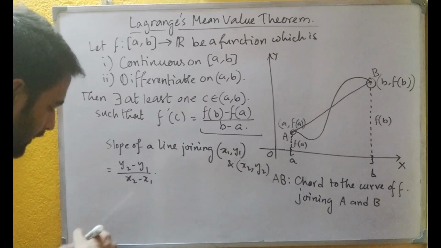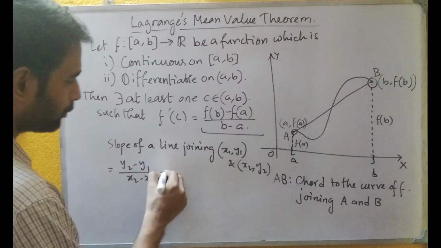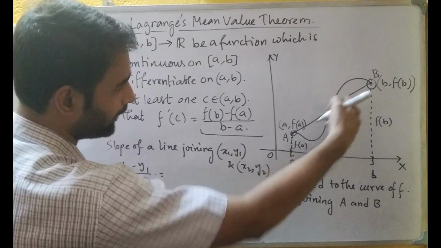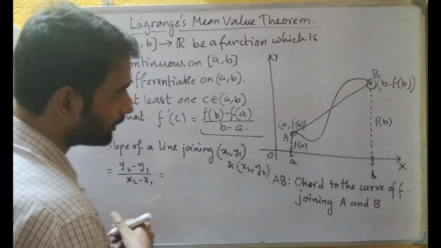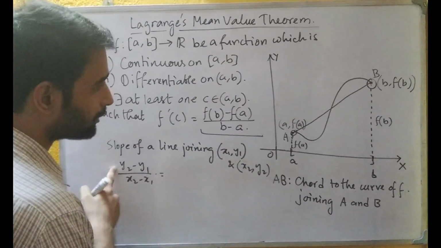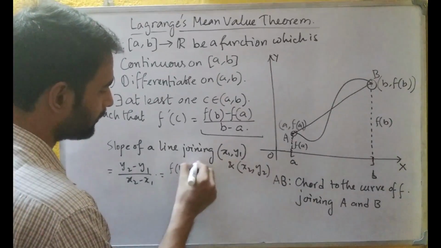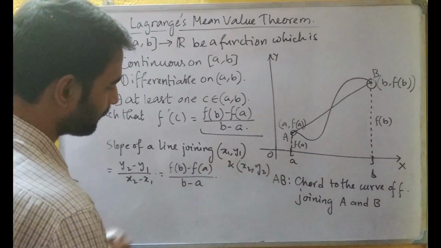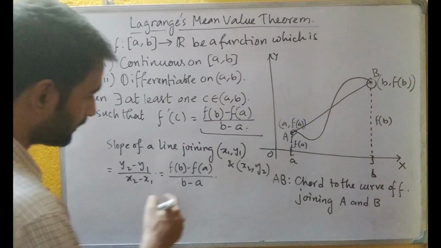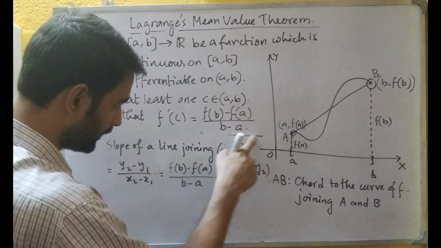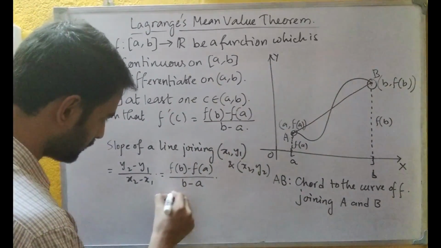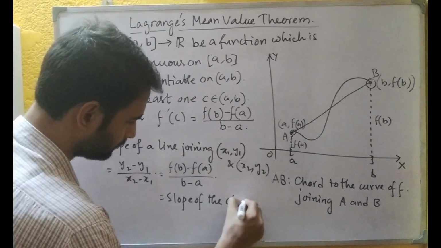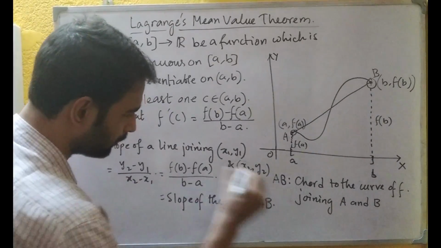So if you compare the situation here, the slope of this chord AB is what? The points are A and B, and the coordinates are (a, f(a)) and (b, f(b)). So y2 minus y1 becomes f(b) minus f(a), and x2 minus x1 becomes b minus a. So basically this (f(b) minus f(a)) by (b minus a) quantity is nothing but the slope of the chord AB.